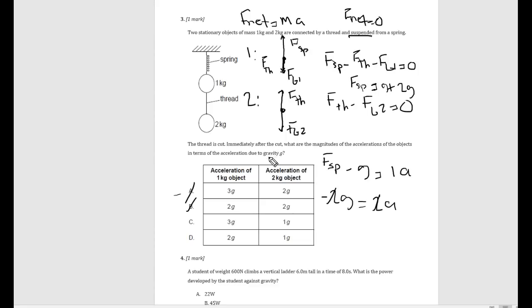Just because you cut the thread, the spring doesn't know that its force is supposed to change instantaneously. So when you cut the thread, the force is still 3g. So we have 3g minus g equals 1a for object 1. So a is 2g. The answer is D. So kind of a tricky problem, but I'll pause it for a moment so you can look over that.